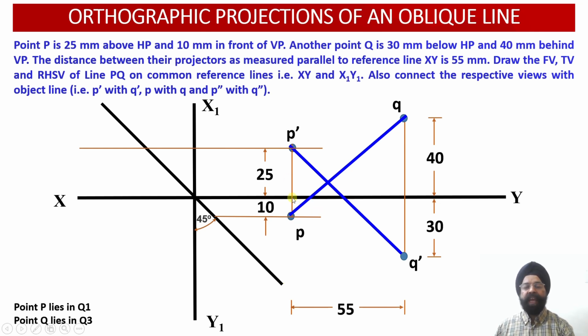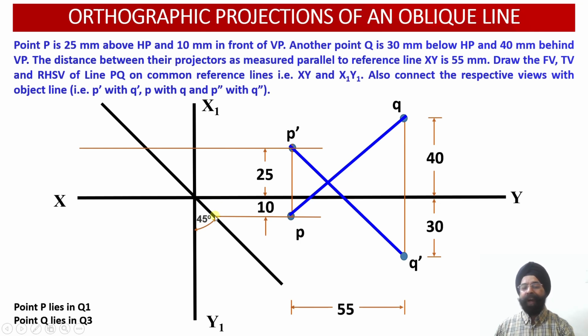From point P, we know that point P had been obtained at a distance of 10 millimeter from the vertical plane. So this 10 millimeter distance from the vertical plane, obtained in the top view projection, will be transferred using a horizontal construction projection line, extending it to intersect with the transfer line over here. Wherever it intersects with the transfer line, we obtain a point corresponding to the point P, which is 10 millimeter in front of the vertical plane.